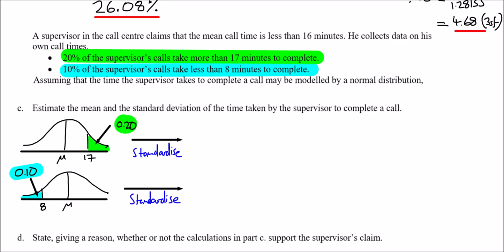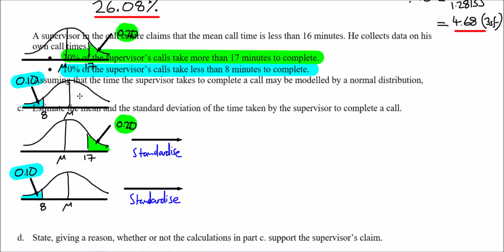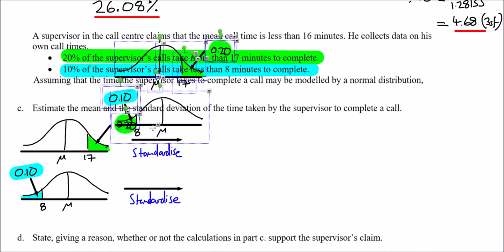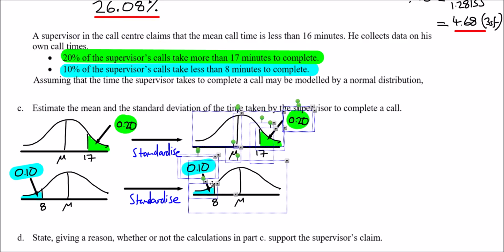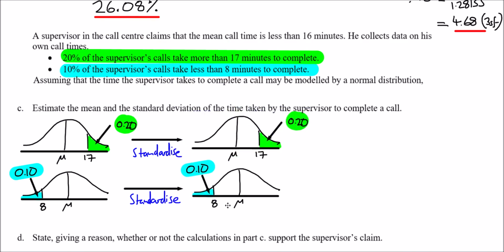These two curves will look the same, they'll have the same characteristic normal shape, only we'll now have to alter the values, because to standardize the normal, what we need to do is subtract the mean and divide by the standard deviation.